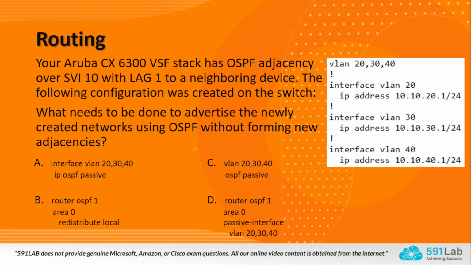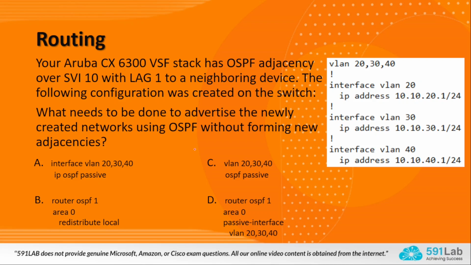So the commands are correct. So this looks correct. Option B: router OSPF 1 area 0 and redistribute local. This shows redistributing local subnets, but there's no such local option in the redistribute command. Redistribute connected and local loopback options are available, but not local.